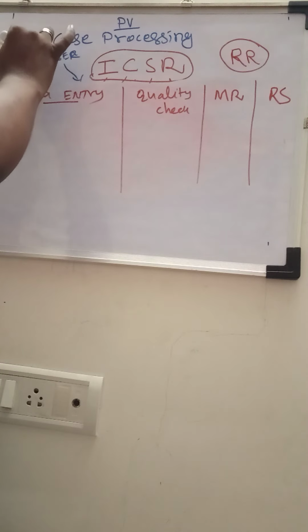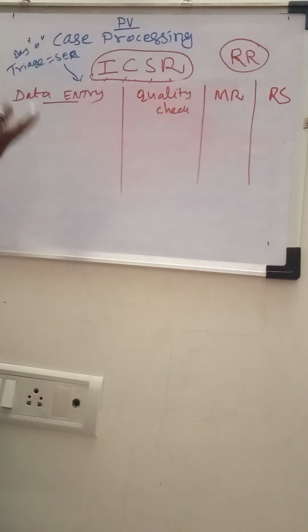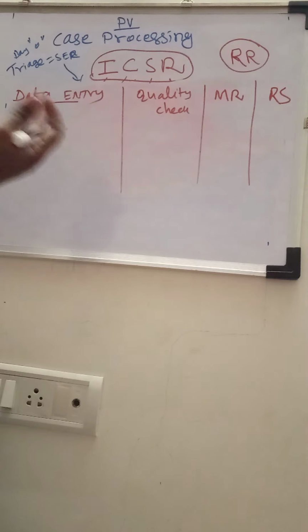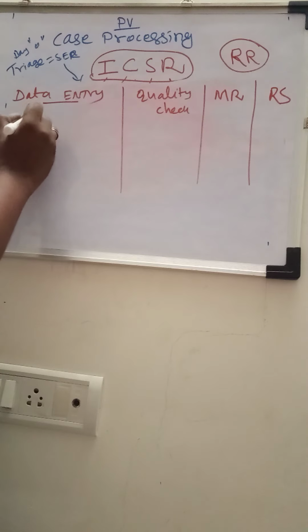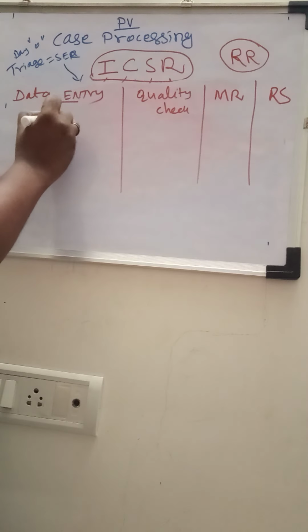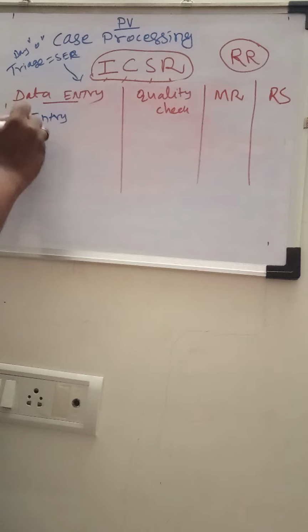As I said earlier, it starts on day 0. For example, if this is a fatal, life-threatening or other serious case, based on that we need to meet the timeline. This department cross-checks again for complete data entry. Whatever source document information is available, they cross-check it and enter the complete information in the safety database.